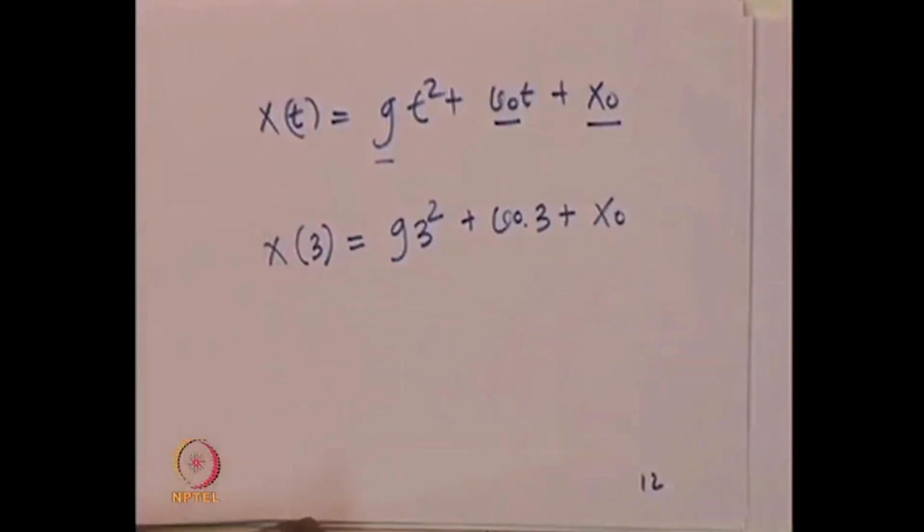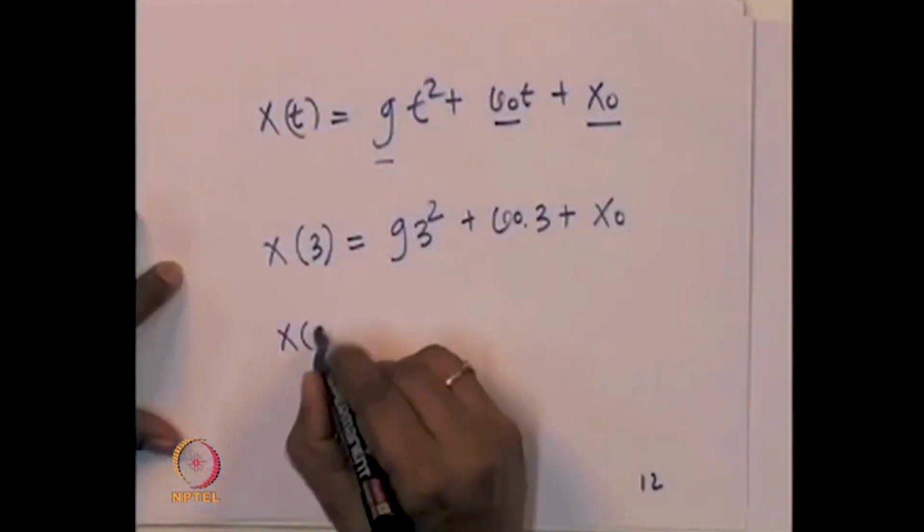Now, if we say that x 0 is your height, let us say your height is like 1.5 meters. So, let us say you are dropping this pen from 1.5 meters.